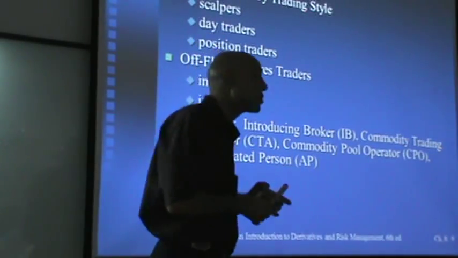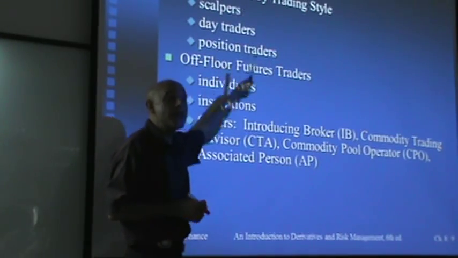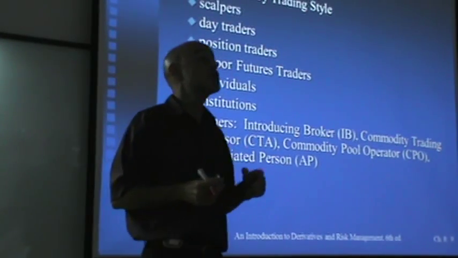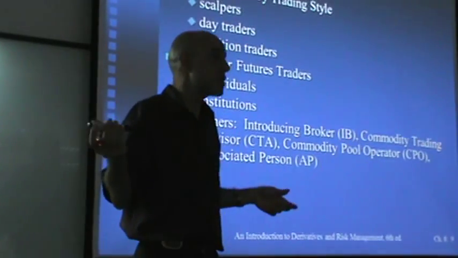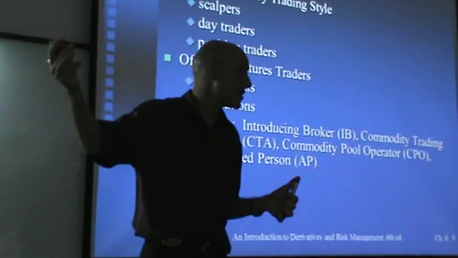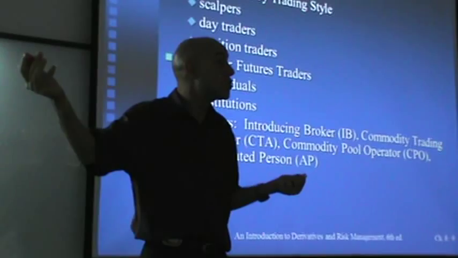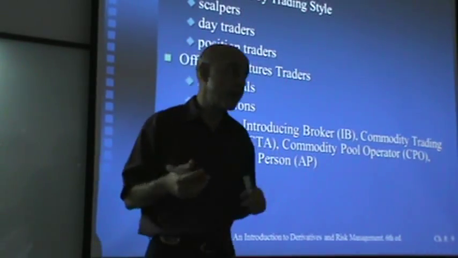So a position trader will hold from 1 day usually to about 1 week. And a swing trader will hold usually from a couple of days to a couple of weeks. So a swing trader will hold from 3-4 days maybe to 3-4 weeks, up to maybe a month, maybe 2 months, trying to exploit an intermediate trend.